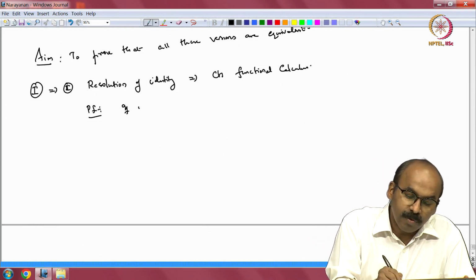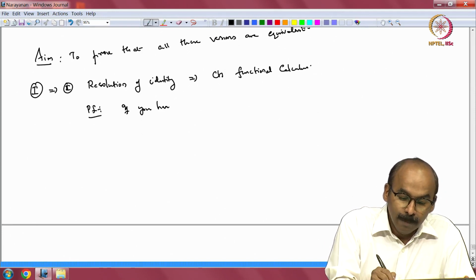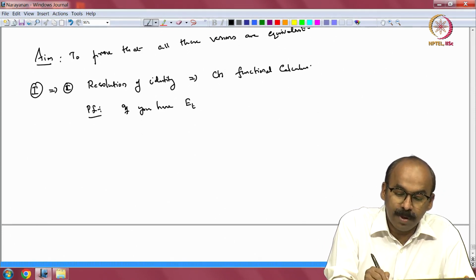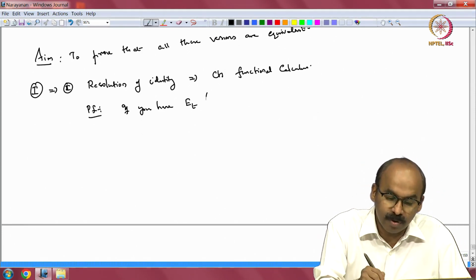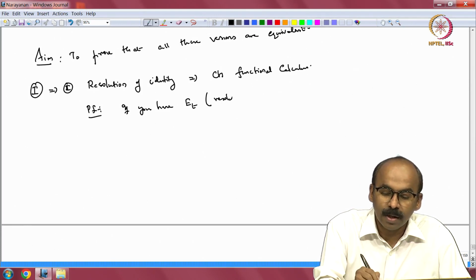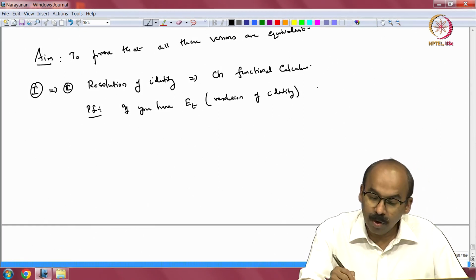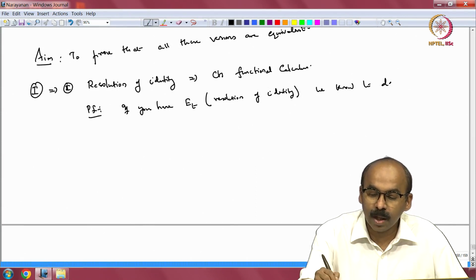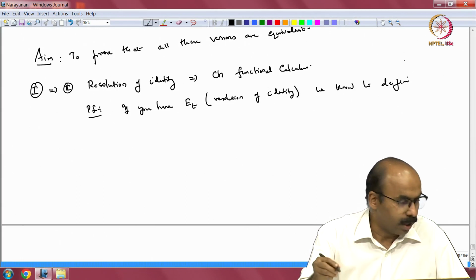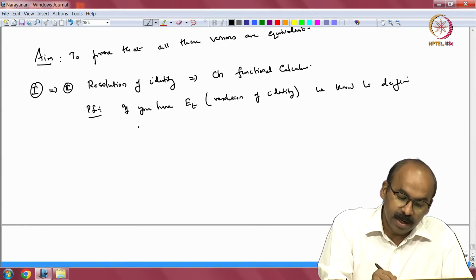If you have E sub t, your resolution of identity, that is given to you, we know how to define phi. In our notation it was phi of g, right.